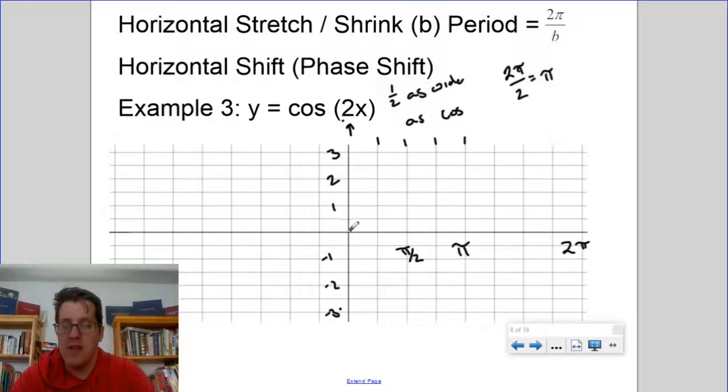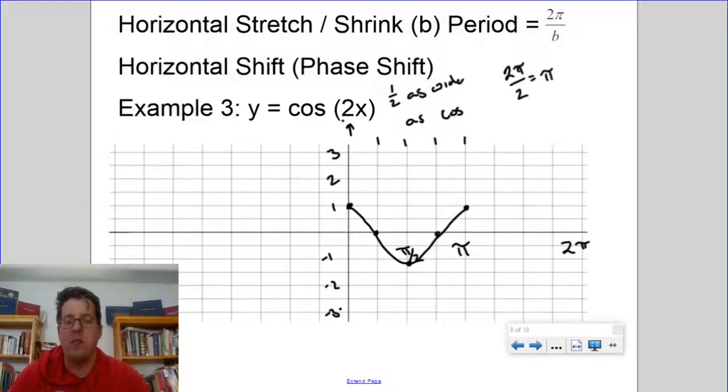But it's still going to have the same major points. So the cosine is going to be high, middle, low, middle, high. It's just that the period length is going to be 1 pi, not 2 pi. Okay? Now if we fill in the points, you can see the difference. So that is one cycle of the graph.